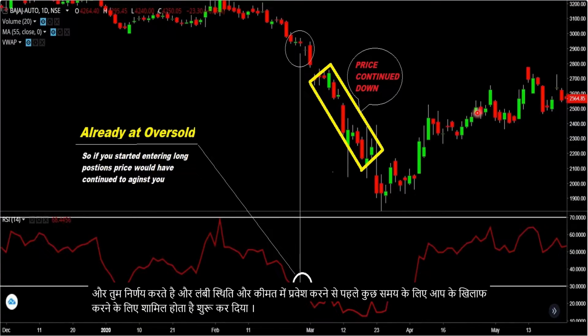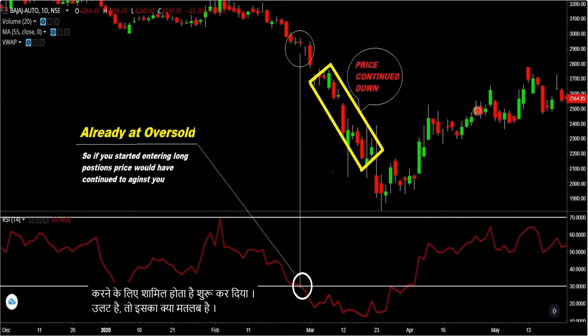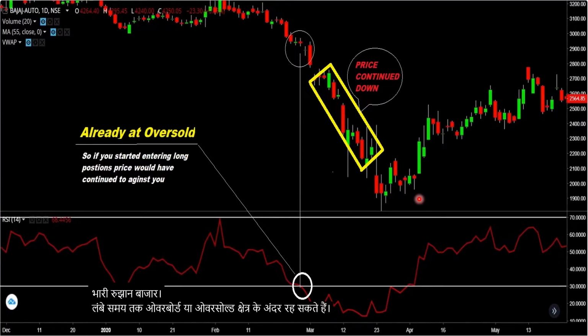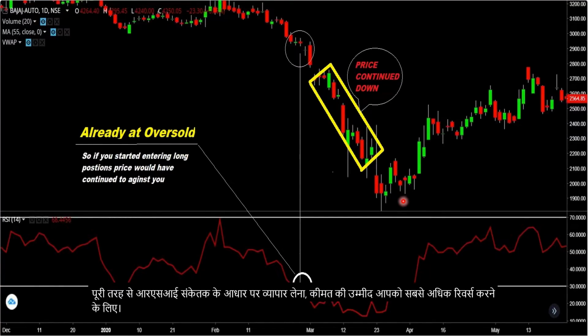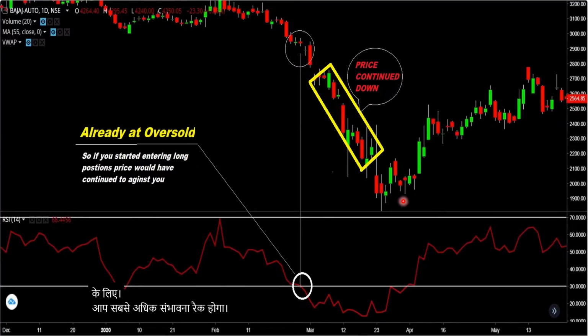So what this means is, in a heavily trending market, the RSI can stay inside the overbought or oversold region for a long time. And if you keep taking trades solely based on the RSI indicator, expecting price to reverse, you will most likely rack up a significant amount of losses.